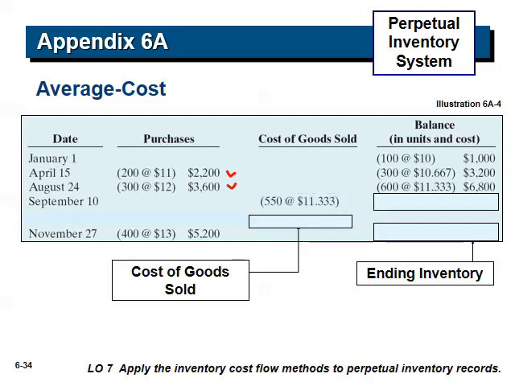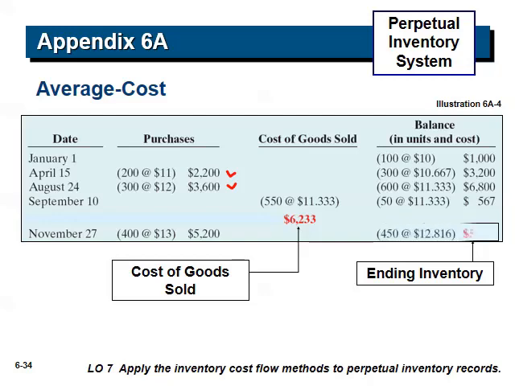And then your cost of goods sold is going to be at that same average. And notice it's different, 62.33. And then we had 50 at the same average, $11.33. So notice the average moves. It's the same computation that we did for cost of goods available for sale. We just used a different average cost. And that leaves us with 450 at just a little bit more than $12.82.